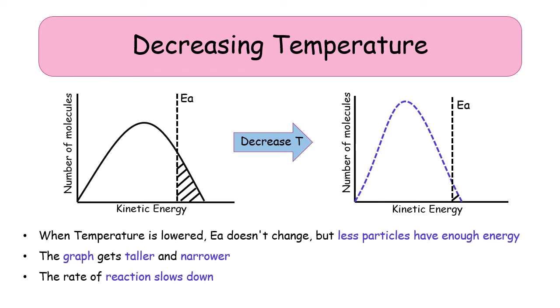And on the kinetic energy graph, catalysts move the activation energy to the left. Increasing temperature makes the curve flatter and fatter. Decreasing temperature makes the curve taller and thinner. And this results in more particles having the activation energy when you increase temperature, and fewer particles having the activation energy when you decrease the temperature.